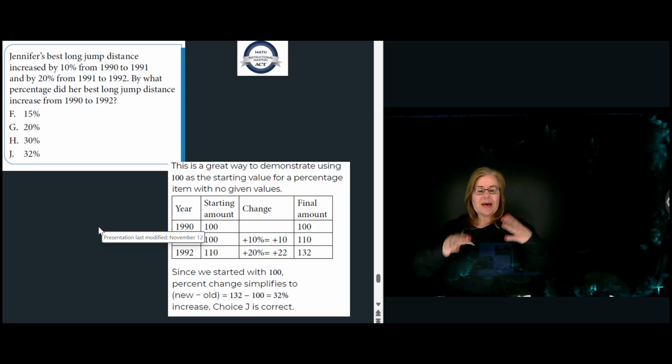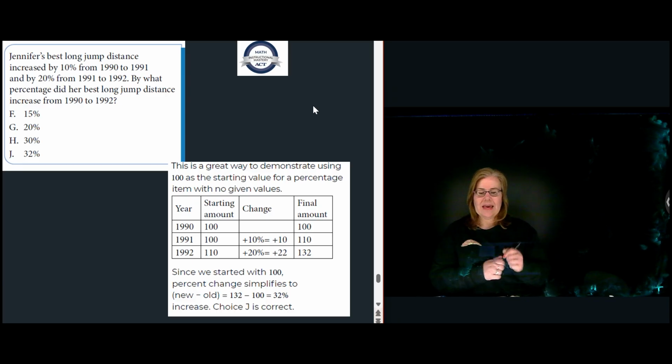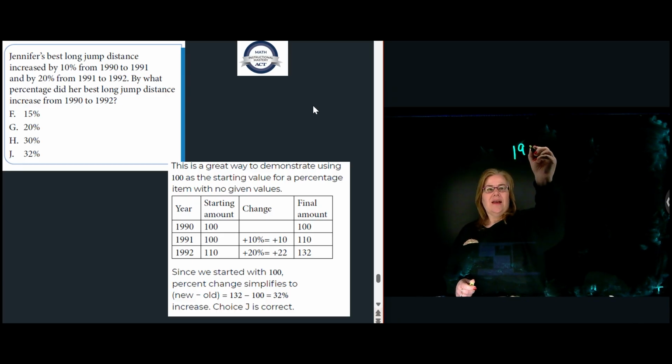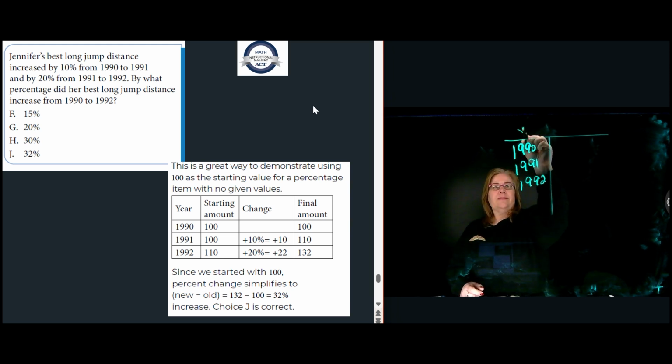All right, so the best possible way for me to do this is for me to look at these percentages when I'm not given a value. So what I'm going to do is look at 90, 91, and 92. So here's my year.